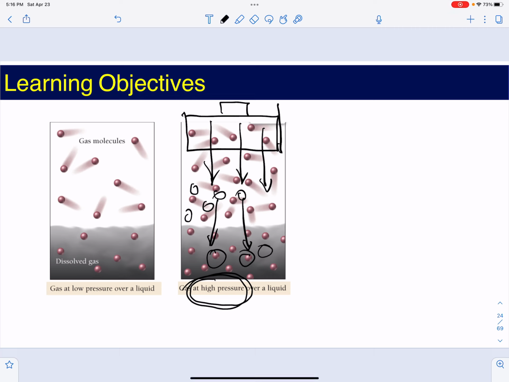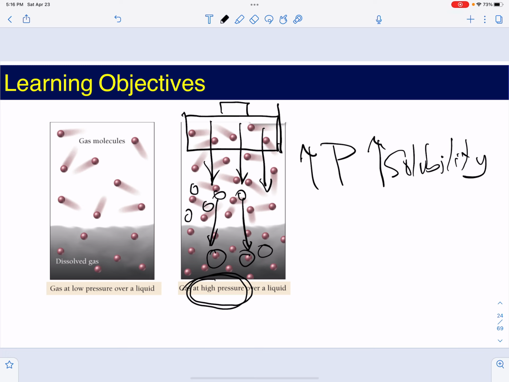So increasing the pressure forces the gas molecules to go inside the solution. So increasing the pressure increases solubility. Increasing the temperature decreases solubility.